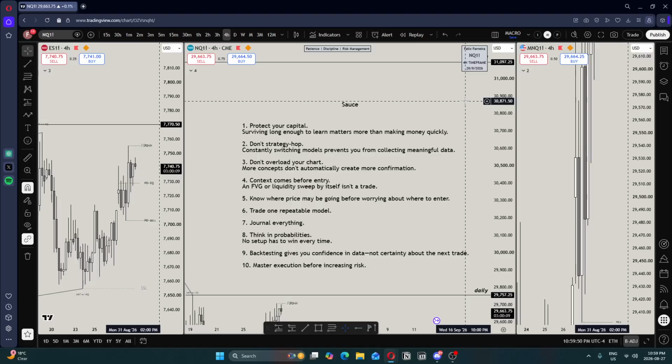Data collection is by far one of the most important things as a trader. That is what proves to you that you have a winning system and an edge in the market, and it's one of the most important things. If you're constantly switching your model, you're not going to be able to collect a significant amount of data, and what that's going to lead to is a lack of confidence.